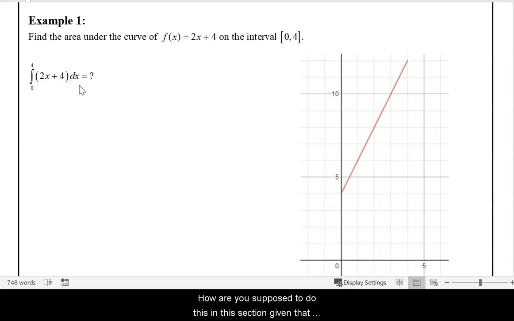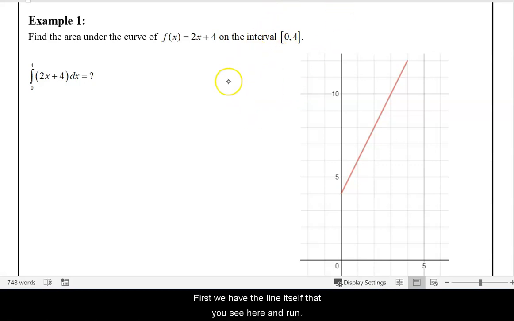Now, how are you supposed to do this in this section given that you don't know the fundamental theorem of calculus? Simple. Let's take a look at this picture and see how we can divide it up and use the formulas for the area of a rectangle, a triangle, or a circle in order to compute the area between that curve and the x-axis. We'll start by drawing the lines that close off our region.